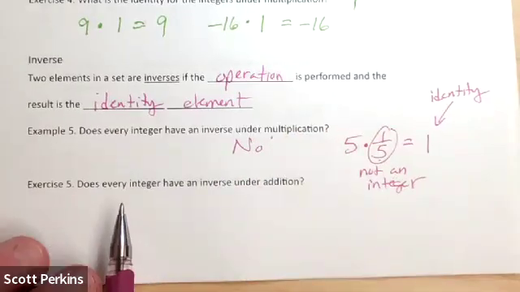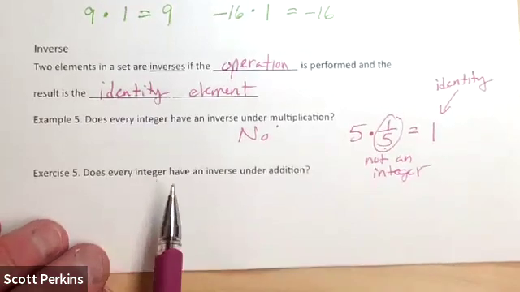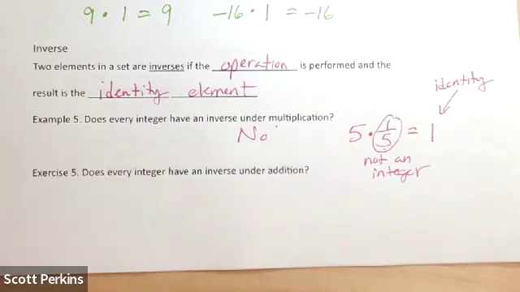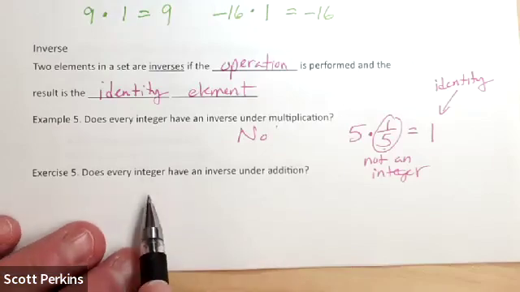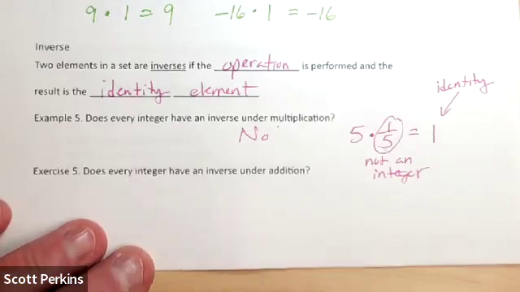Try this one. Does every integer have an inverse under addition? Remember, the identity for addition is 0. So does every integer have an inverse under addition? Well, let's see.